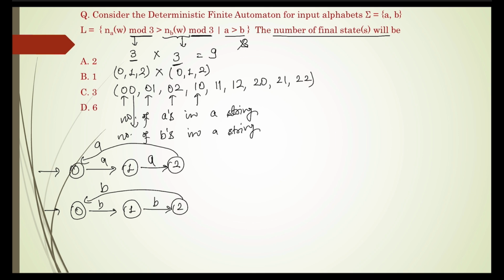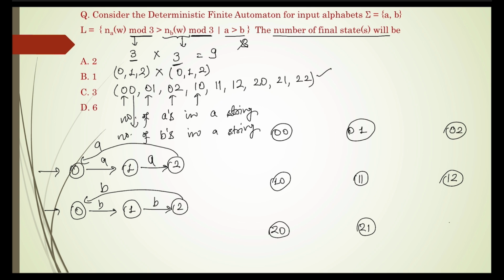Now to combine these two DFAs, you have to take the cross product and then you will have these 9 states: 0 0, 0 1, 0 2, 1 0, 1 1, 1 2, 2 0, 2 1 and 2 2. And this will be your initial state.